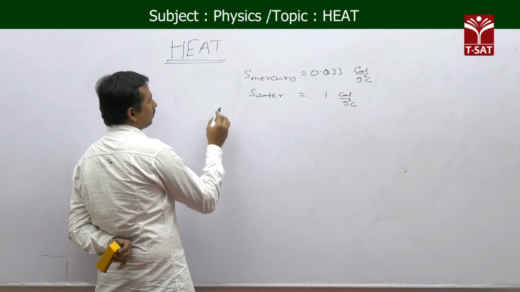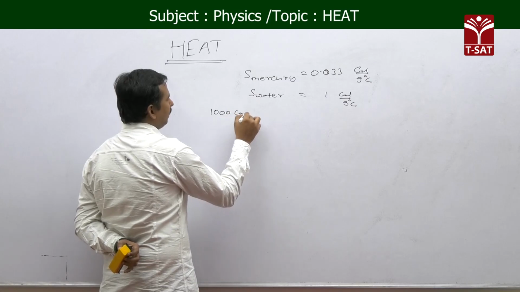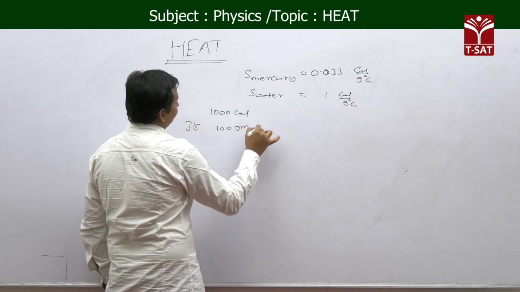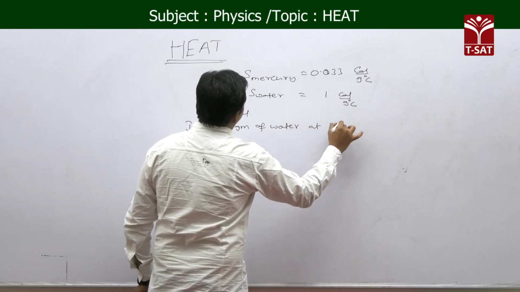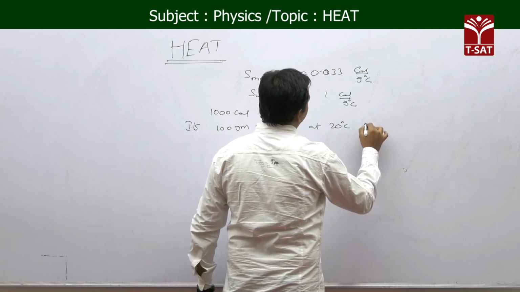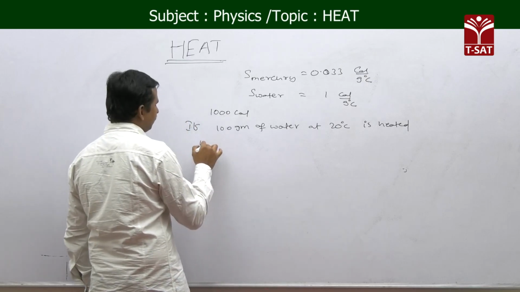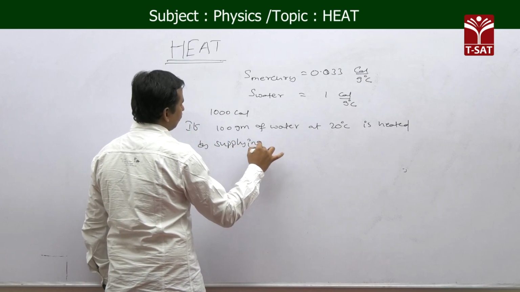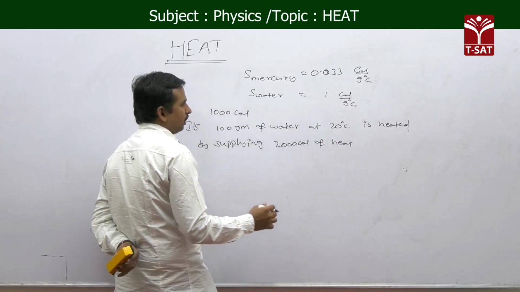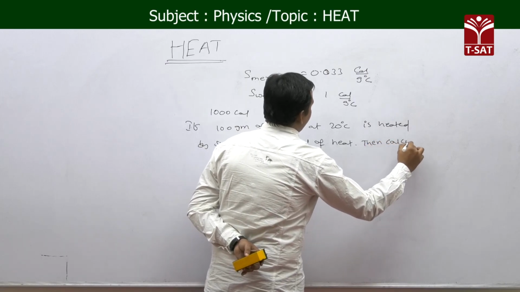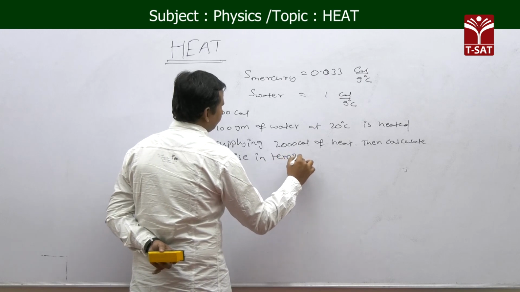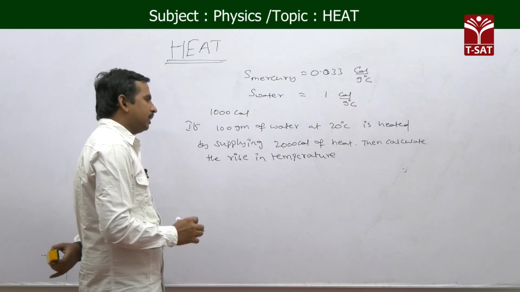Say for example, if 100 grams of water at 20 degrees Celsius is heated by supplying 2000 calories of heat, then calculate the rise in temperature.